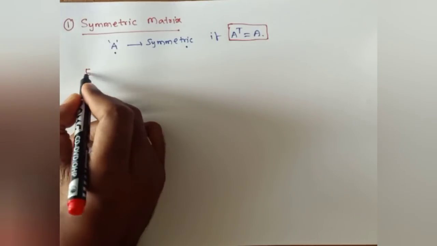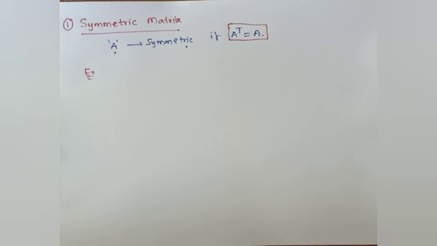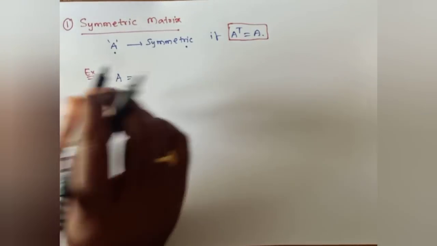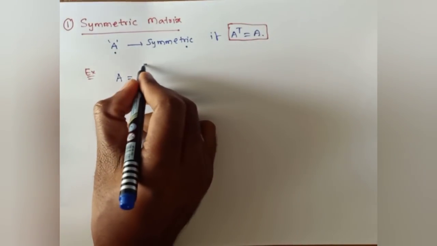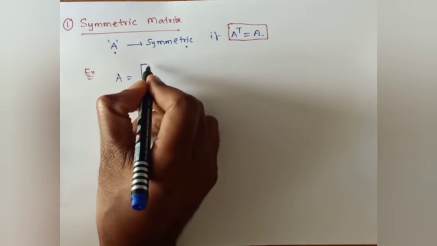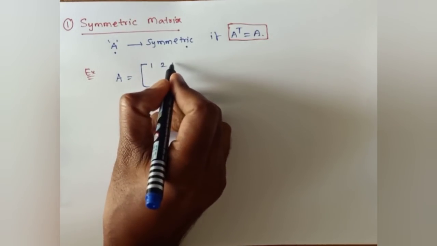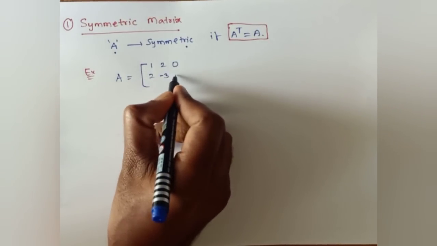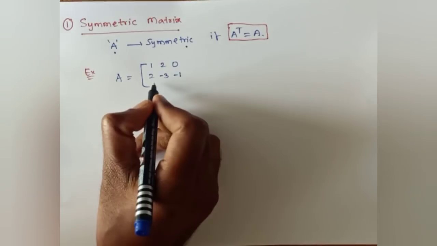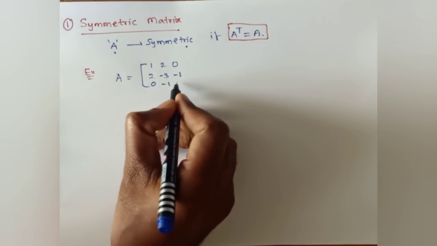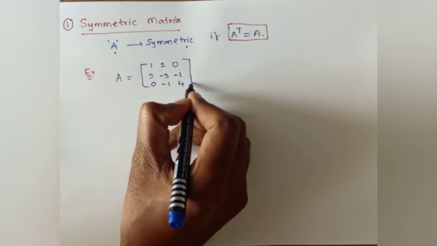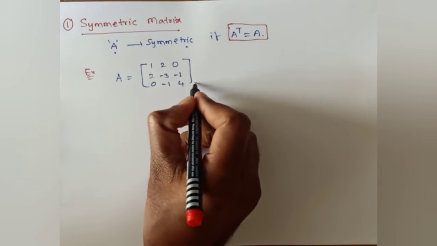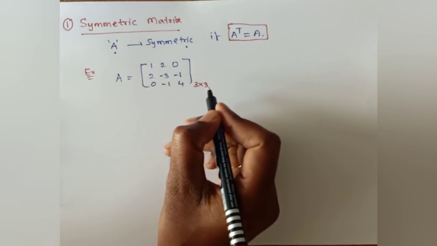For example, A is equal to, let us consider 1, 2, 0, 2, minus 3, minus 1, 0, minus 1, 4, let it be. Now, here A is a square matrix of order 3 by 3, and the transpose also exists for any matrix.